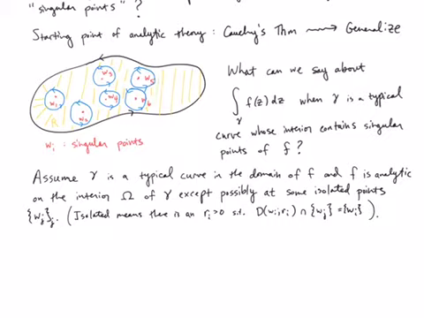Okay, and it'll help to give things names here. So this outer curve, that's gamma. These blue curves oriented like this are gamma 1, gamma 2, gamma 3, etc.